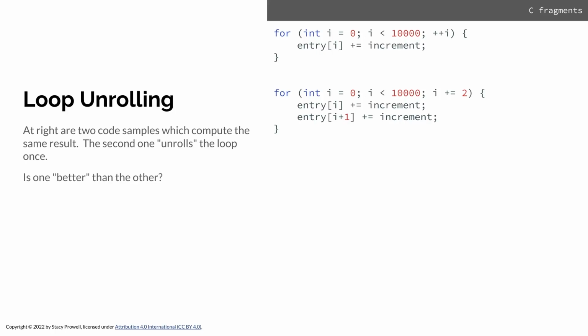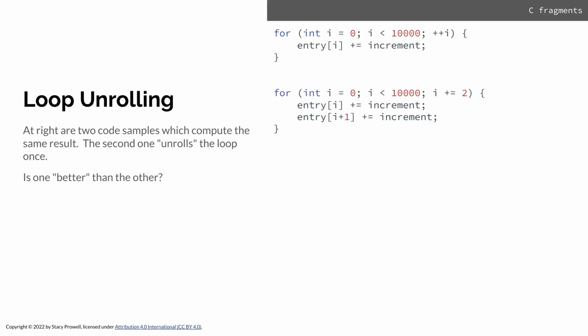The first loop does that just by running through 10,000 times. The second loop is a little different. The second loop modifies an entry, and it modifies the next entry, and it counts by 2 each time. And my question for you is, is one of those two better? Does it matter?